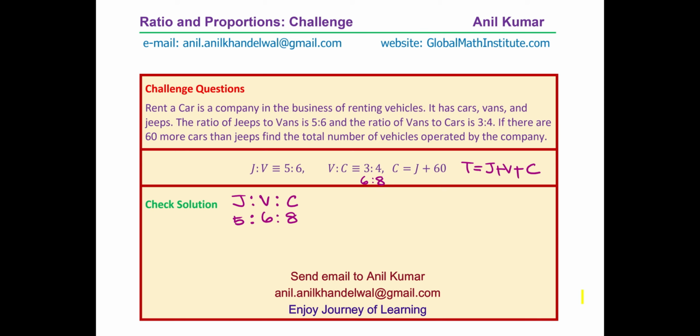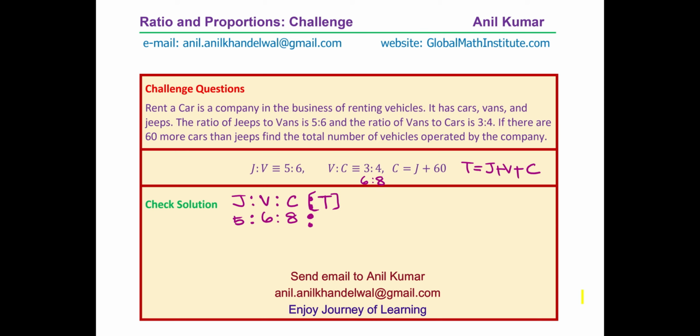Now this total number should be what? Well, if I write this as also t for total, in that case, I could have what? If it is 5, 6, and 8, then the total is what? So let me write this in a different bracket. It is not really a ratio.